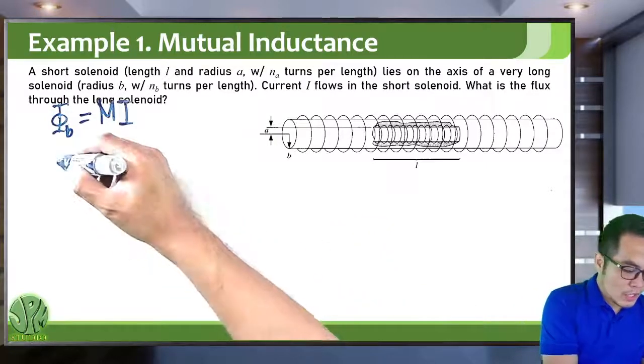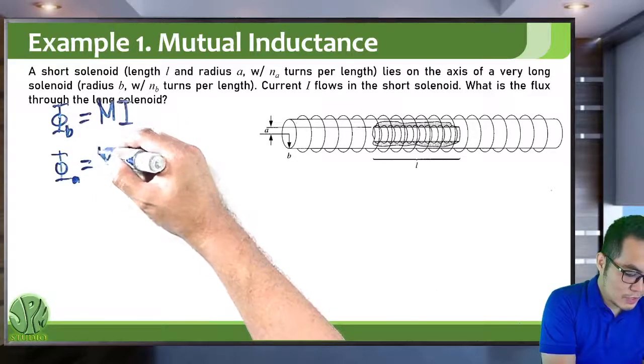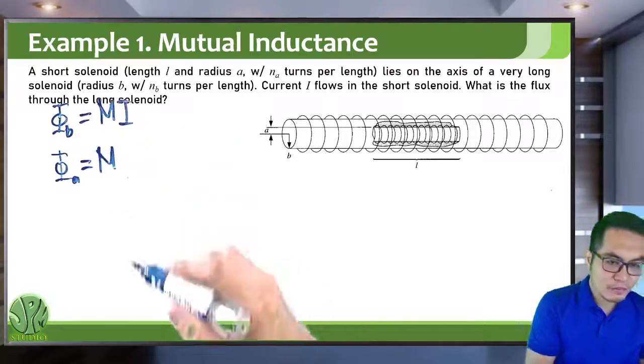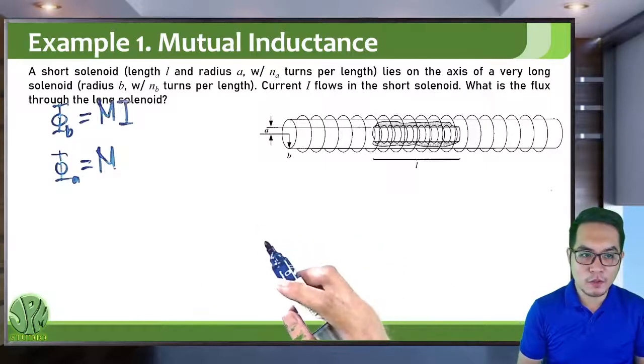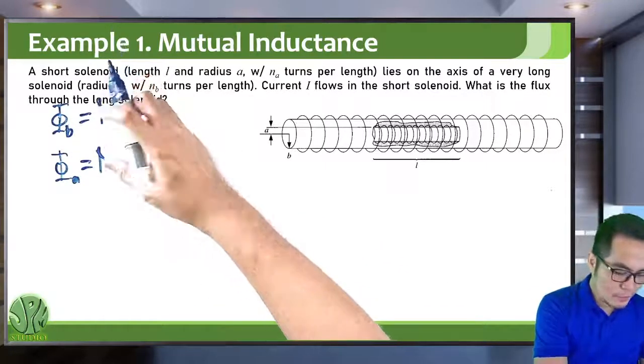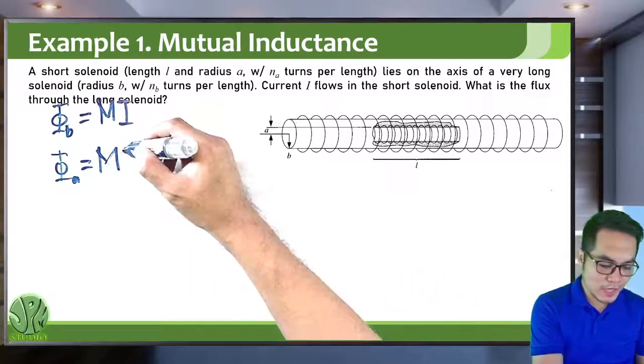Now, the flux through A is similar. It's M times the current in the long solenoid. So we can actually solve this problem by doing the reverse, so that we can solve for the mutual inductance.